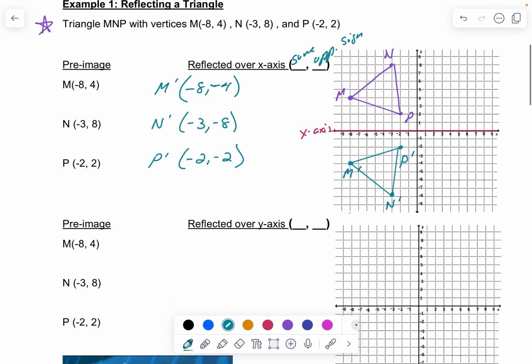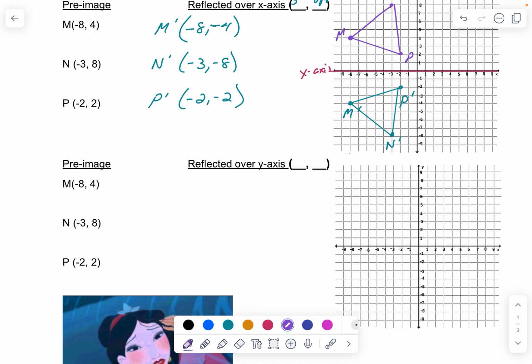All right, so that's the x-axis. Now we're going to graph that same triangle, -3, 8, N, P. So we've got that same triangle, but this time we're going to reflect it over the y-axis.